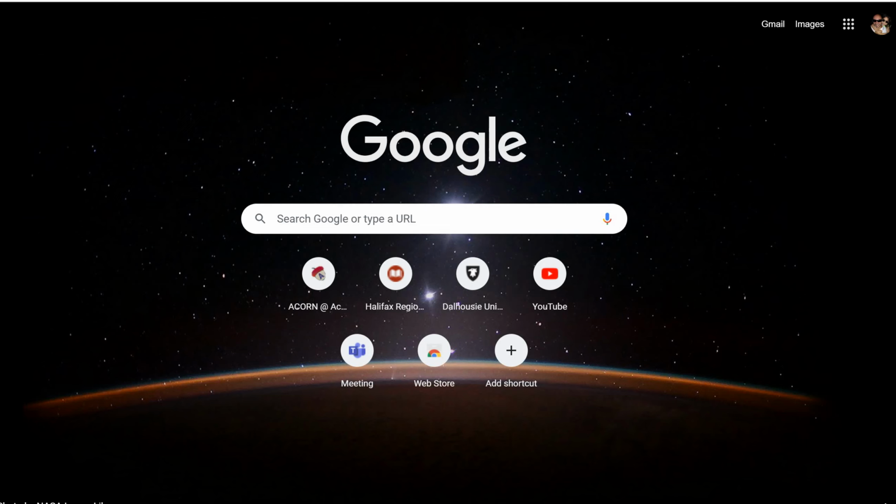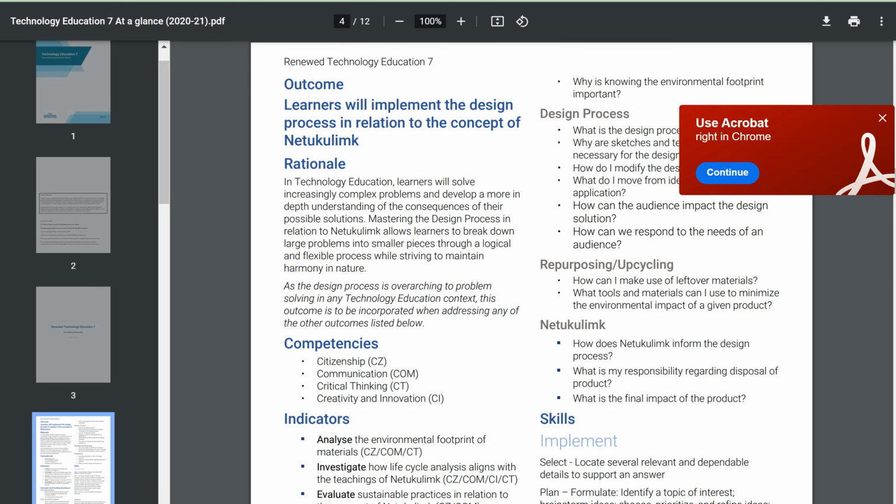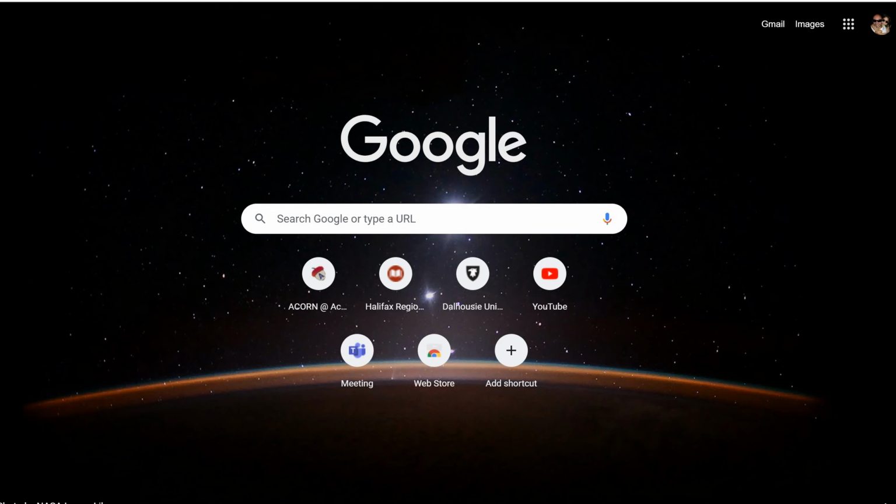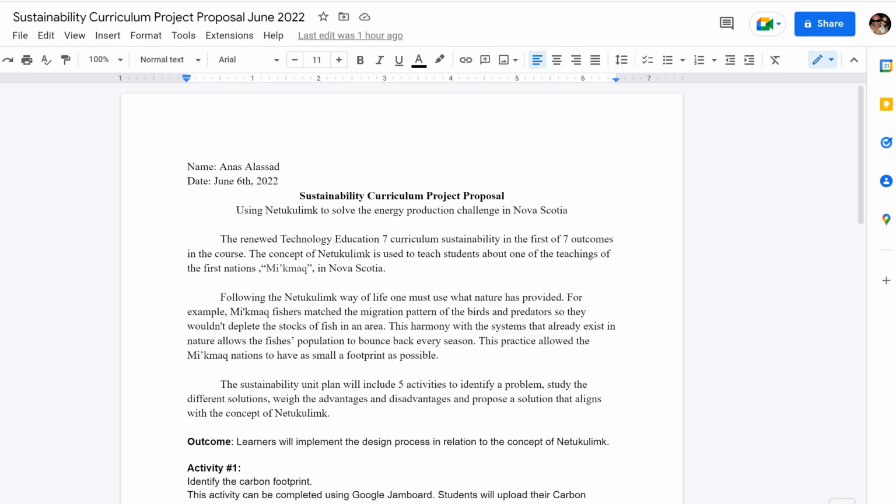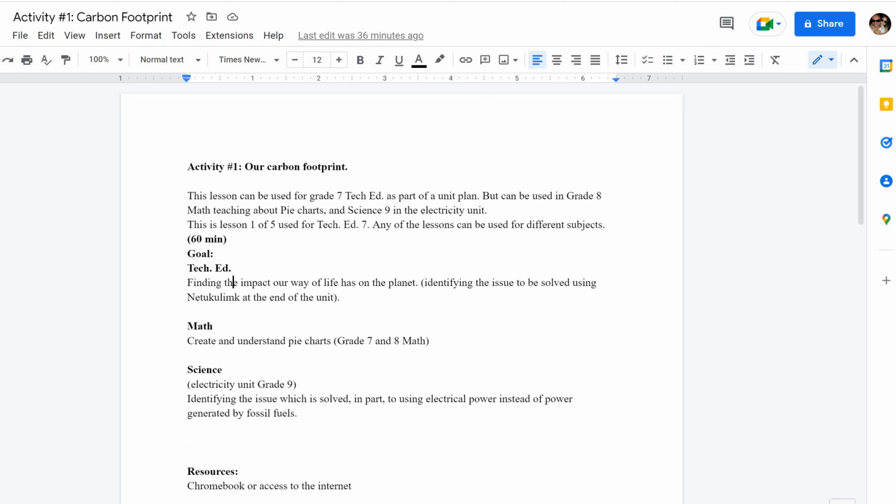What we will be discussing here is using 5 activities. We will be looking at how students can solve the problem of the reliance on fossil fuels, or their carbon footprint and its effect on the carbon footprint.